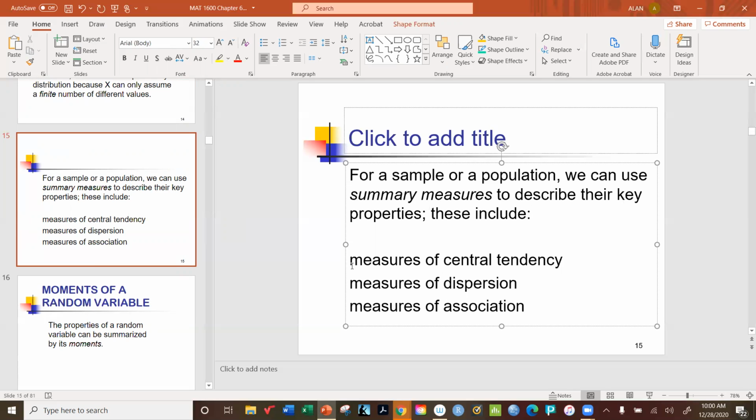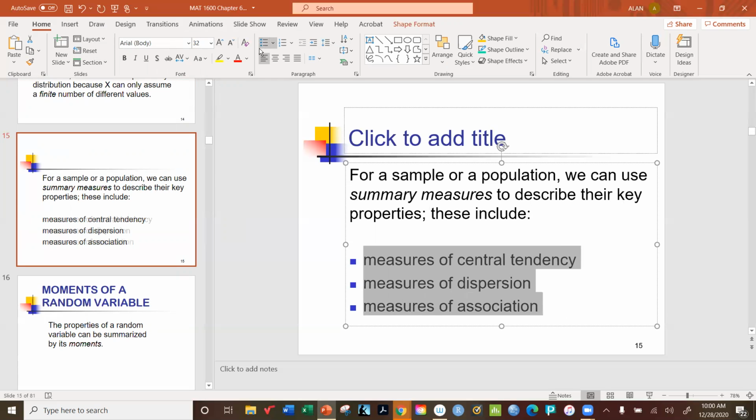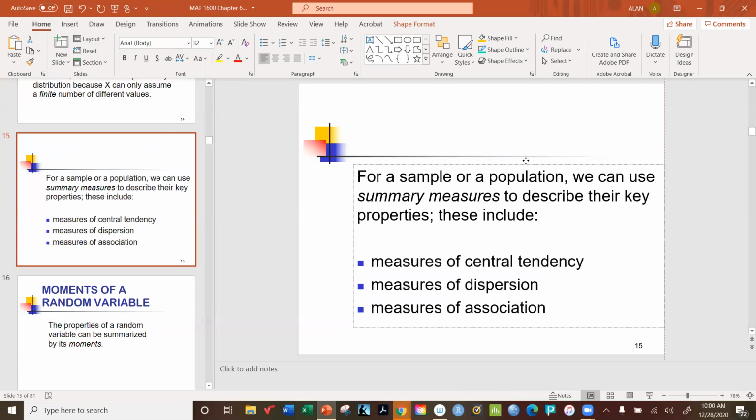Now we're going to see something similar for random variables.